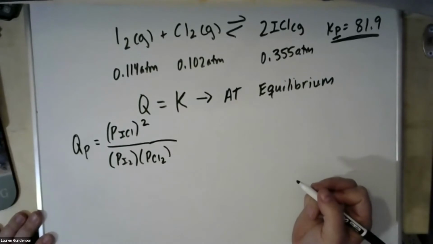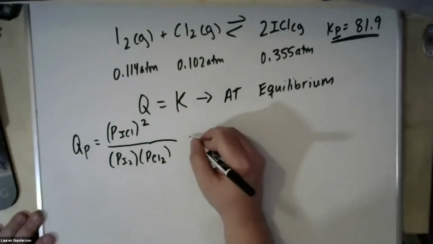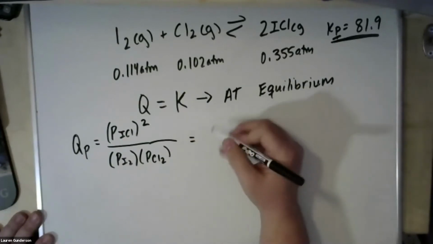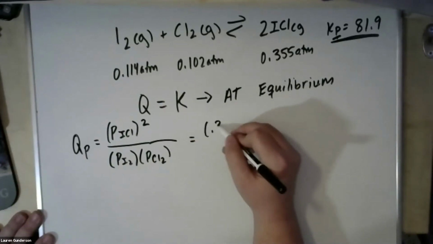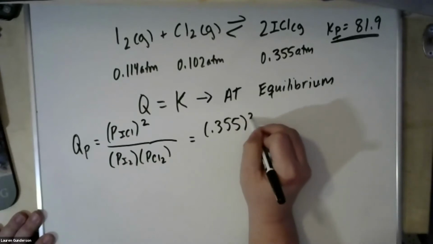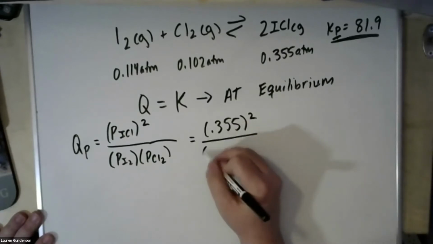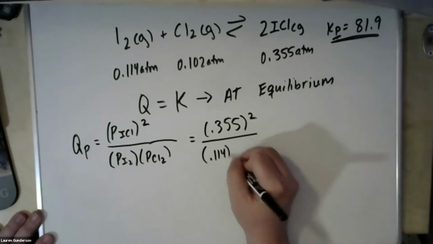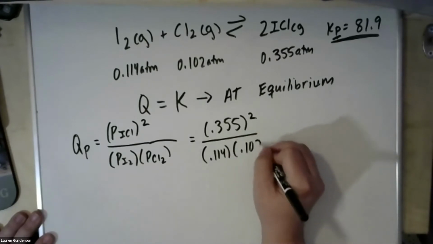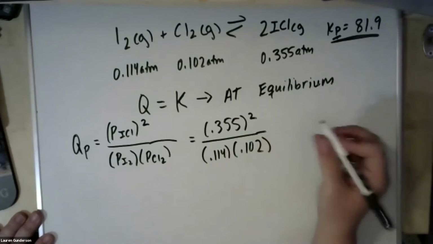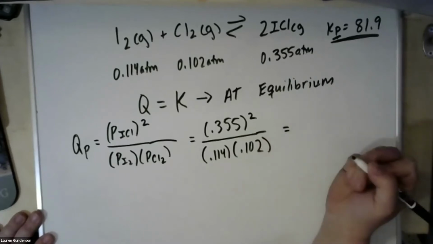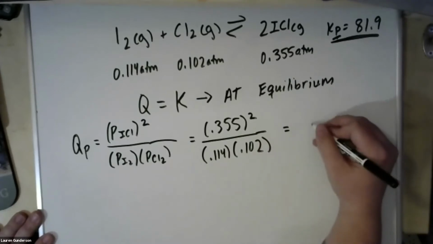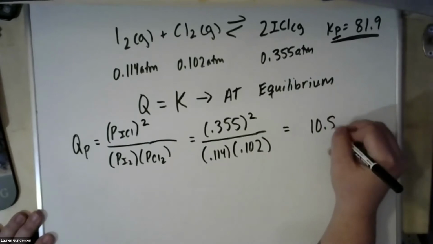That's the first thing we'll do: plug in these pressures and get a value of Q back out. Okay, so I get a value here of 10.8.